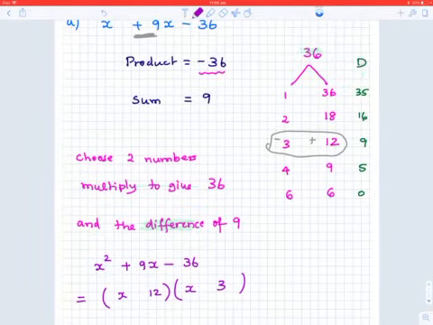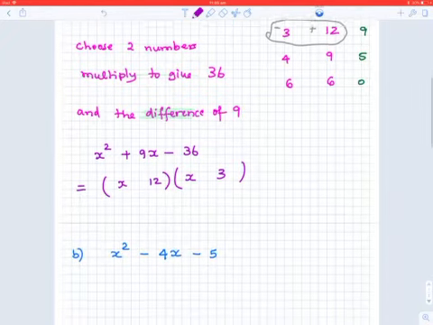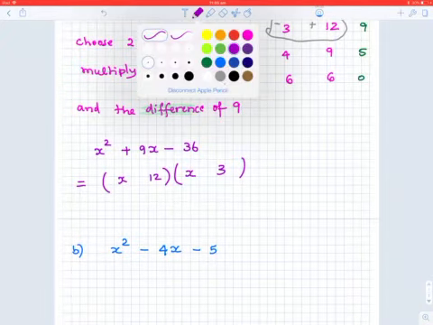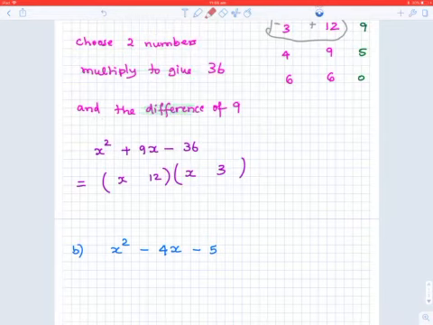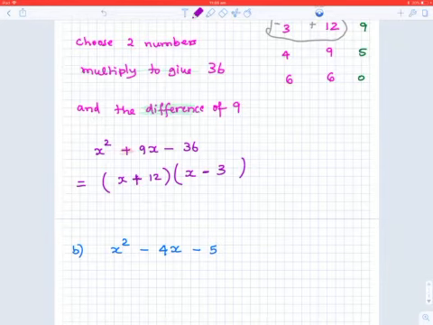The bigger number carries the plus sign, so plus 12. The other one should be minus 3. Only then plus 12 times minus 3 gives you minus 36.